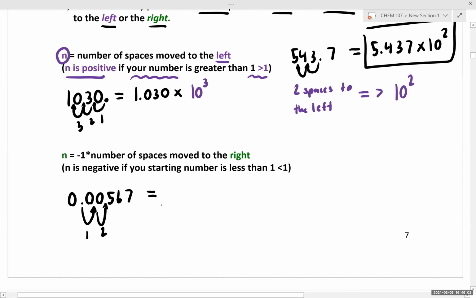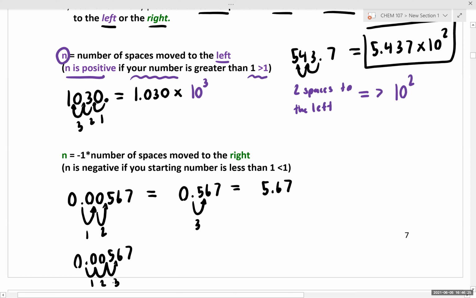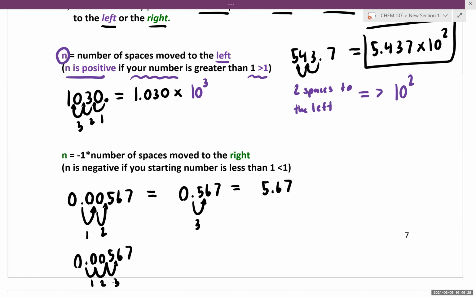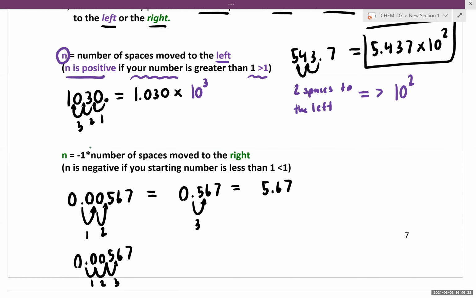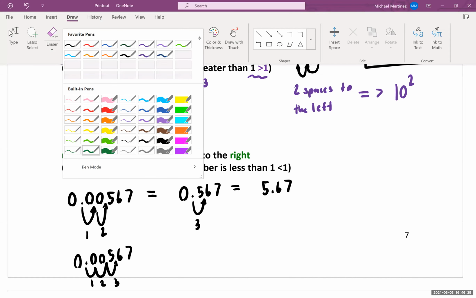So if we move it over 2, we'd have 0.567. That's not good enough quite yet, so we need to move our decimal point to the right one more time to give us 5.67. So in this process, to get a number between 1 and 10, we've moved our decimal point over 1, 2, 3 spaces. So we've moved our decimal point over 3 spaces to the right.